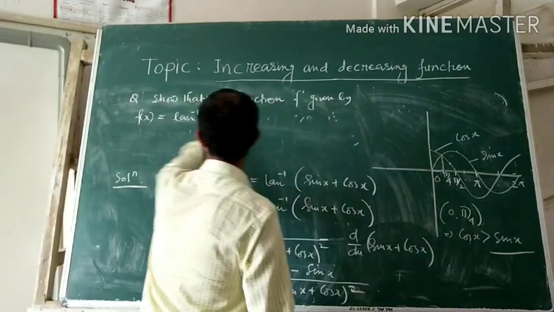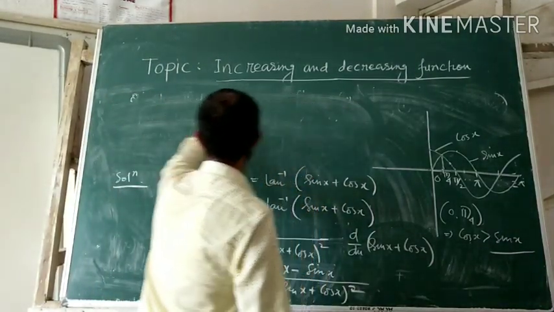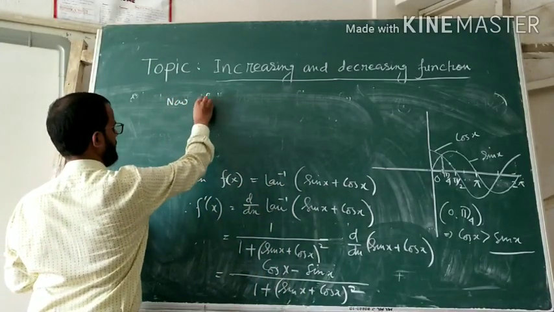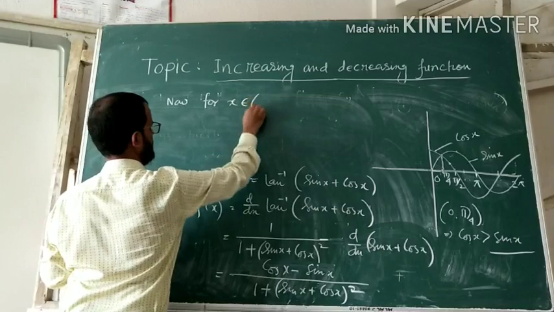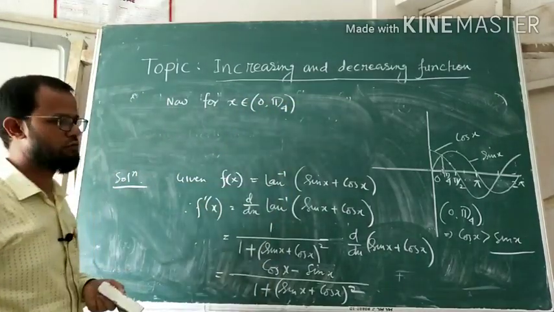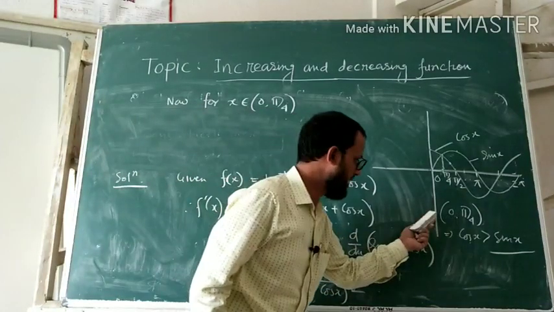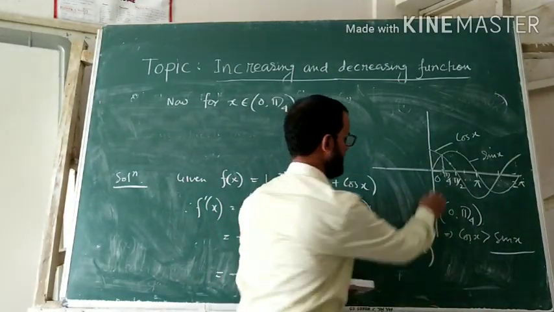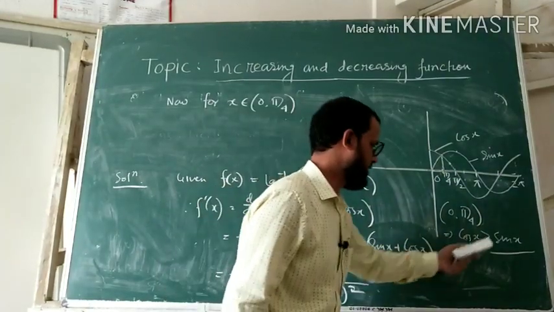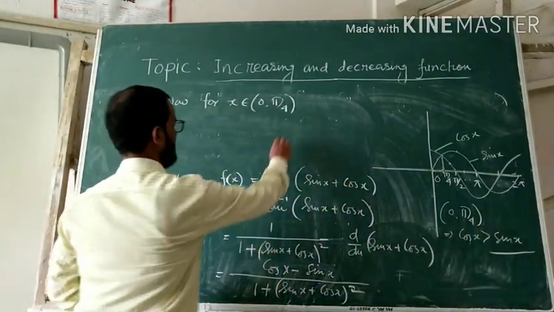Now for x belonging to 0 to pi/4, we already proved that when x belongs to 0 to pi/4, cos x is greater than sin x.